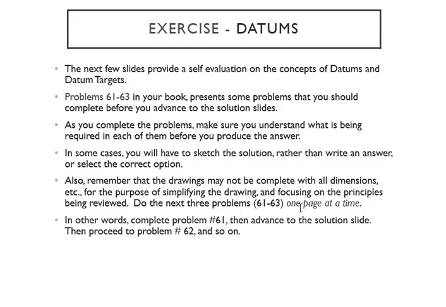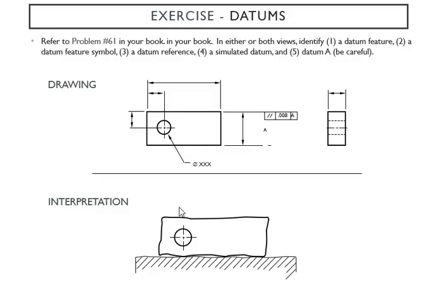Alright, then the next few slides, you're going to have our usual self-evaluation stuff that you have to do, yeah, problems 61 and 63 in your book, so make sure you do that. Choose 3 of them, yeah, to show me that you at least do the assignment and upload it. Okay, so here are the answers, yeah?